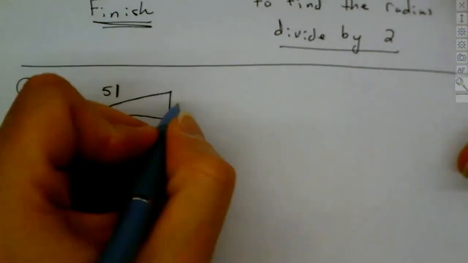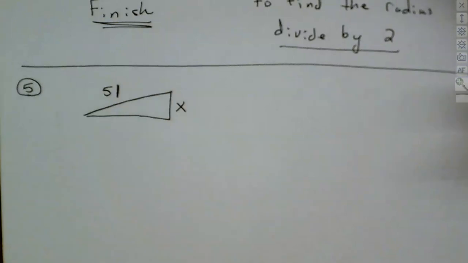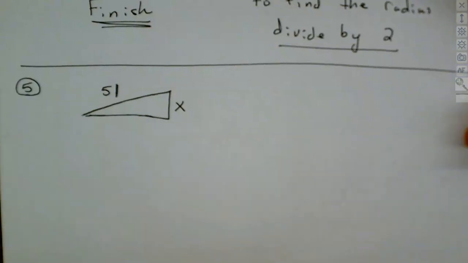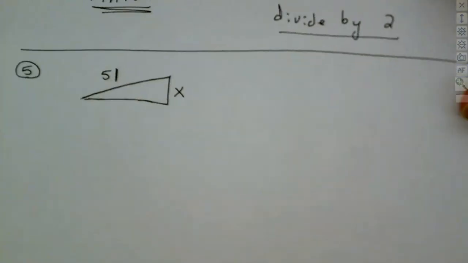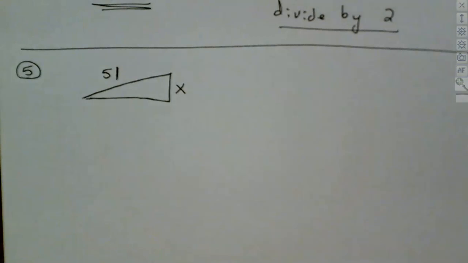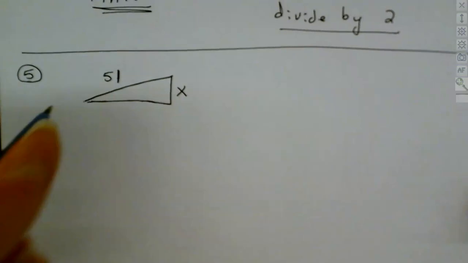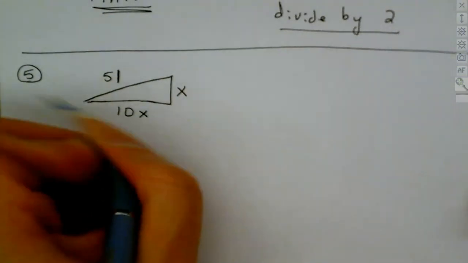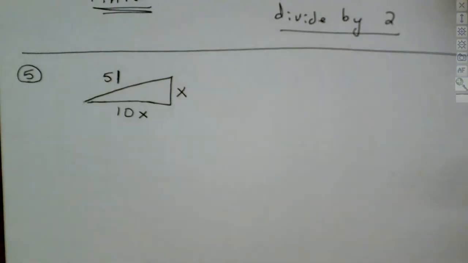No, we do not know, so we use an X. How far is it across the bottom? We don't know that either, but what do we know about the rise to the run? We know it's a 10-to-1 ratio, right? So what does that mean? That means if this one is X, then the run is going to be 10 times it, so that'll be 10x.